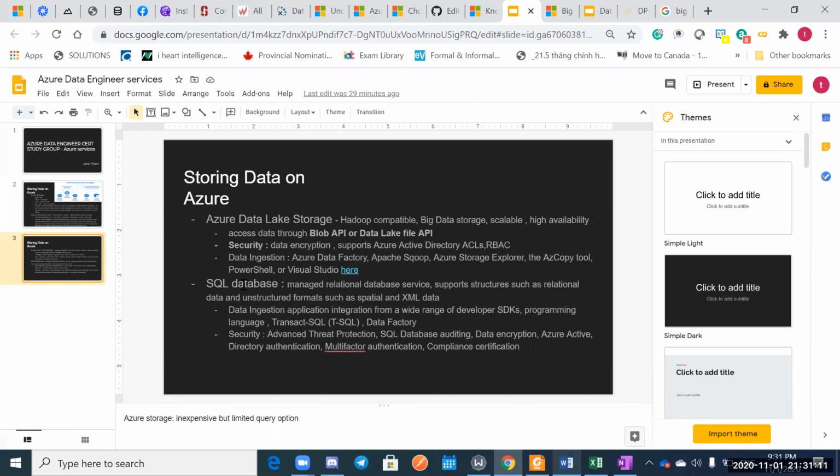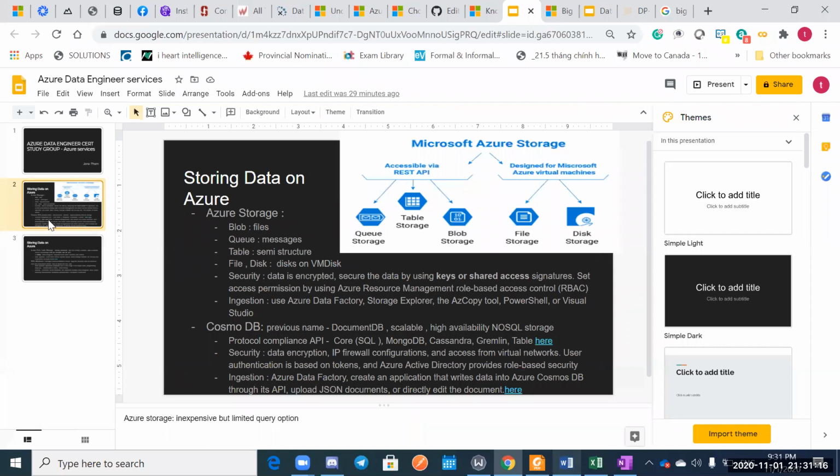It supports relational databases. And there's a misunderstanding: people think SQL cannot support unstructured data, but that is not true, because in Cosmos DB you can store unstructured data. In Data Lake, you can store unstructured data, and you can store structured data also.